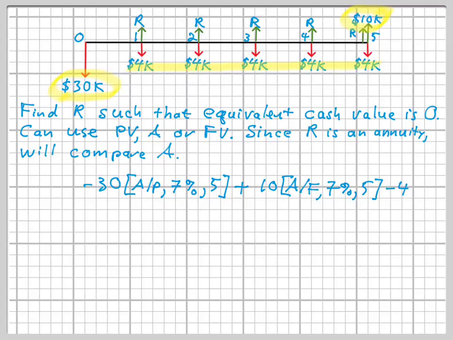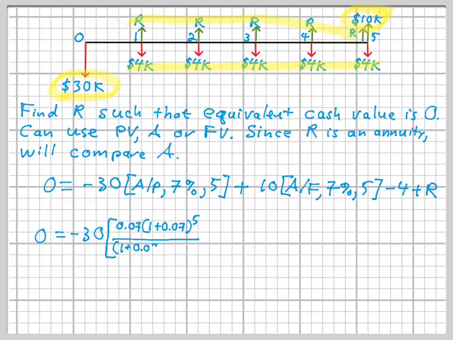And to that, I'll simply subtract the $4,000 annual maintenance costs and add in the annual rental costs. And then what I want to do is set all that equal to 0. So if that's equal to 0, then I know that I'll have a rental cost that will meet our MAR of 7%. So we'll do those calculations.